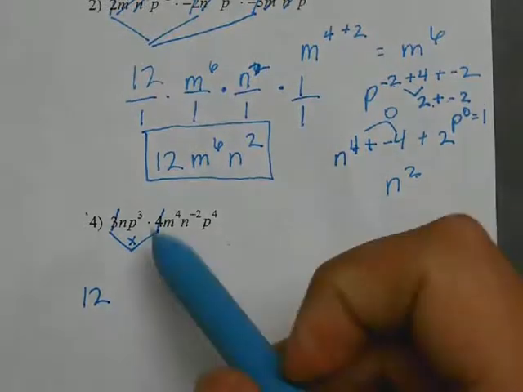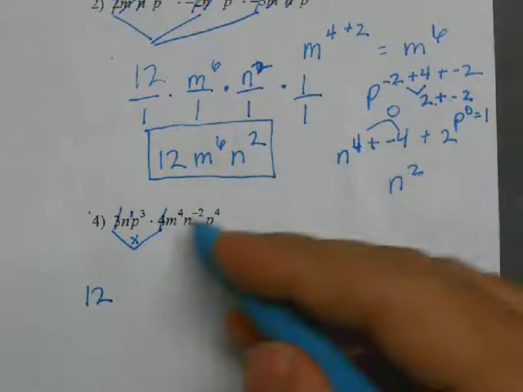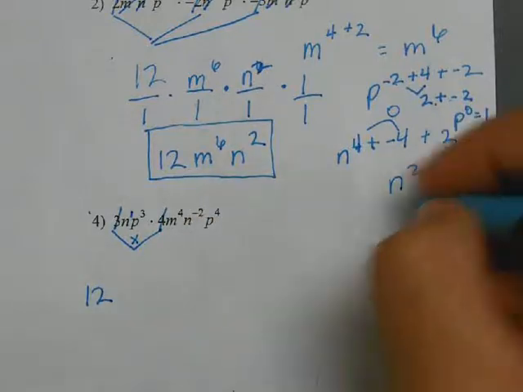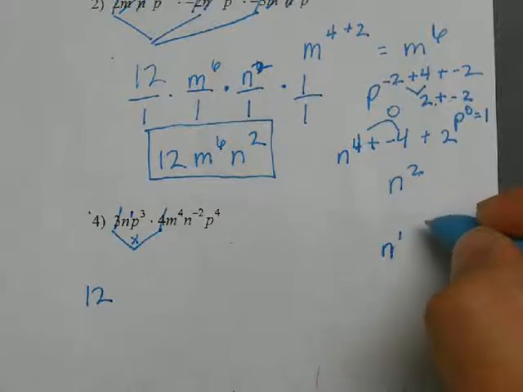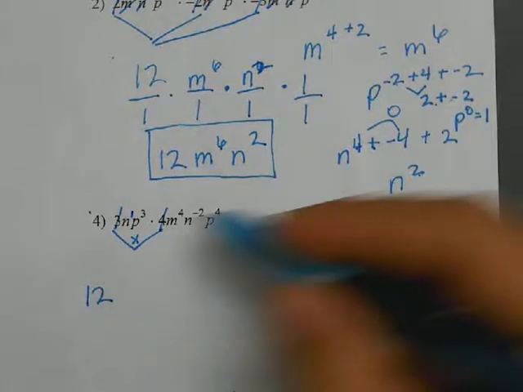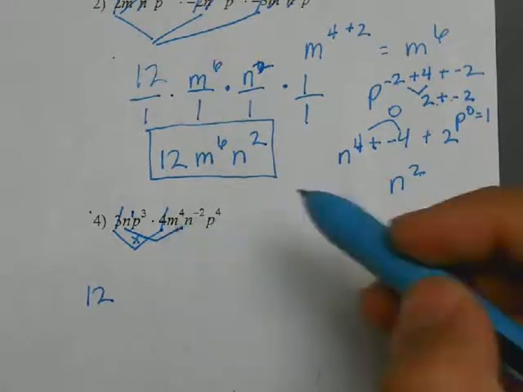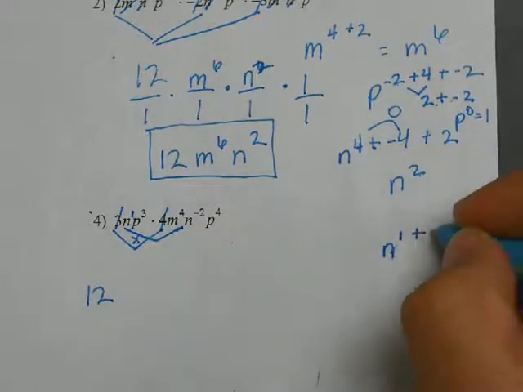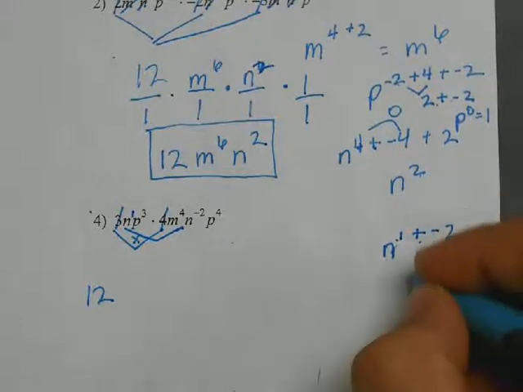I have n to the 1st. If there is no exponent, the exponent's 1, and I have n to the -2nd. So I'm going to come over here to the side and say n, 1. I'm adding because it's multiplying, n times n, and 1 plus -2. So that's 1 moved to the left 2, which would take us to -1.